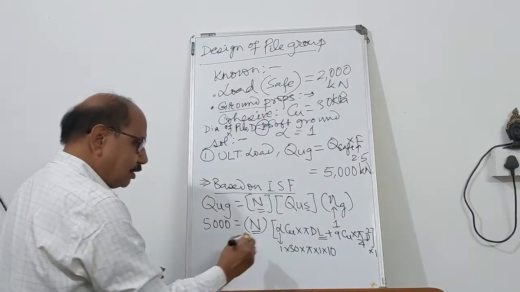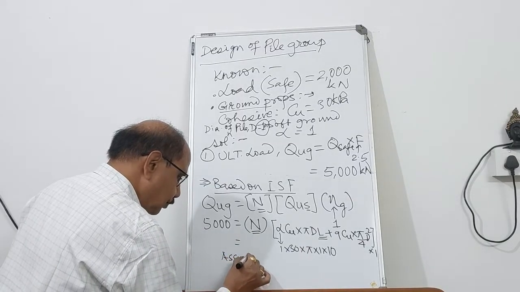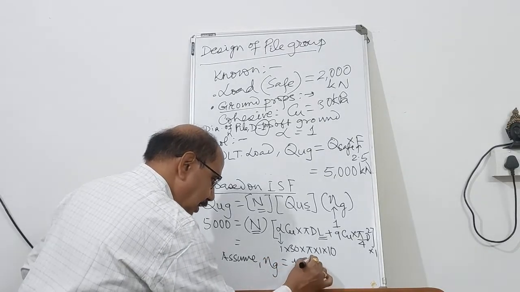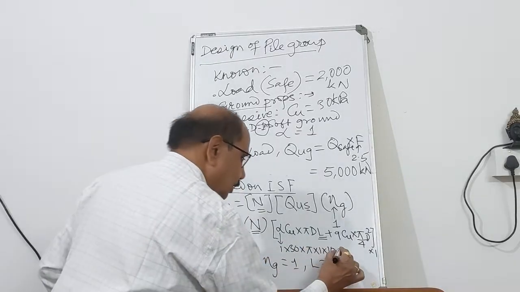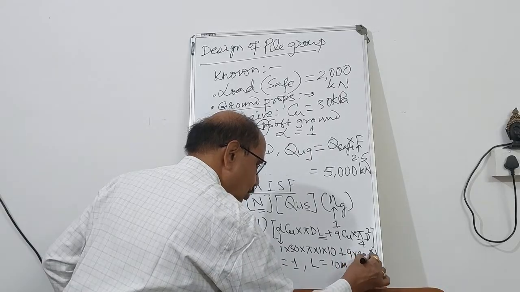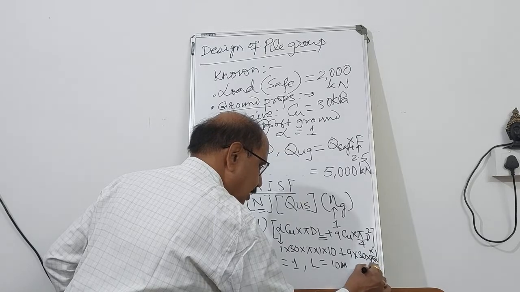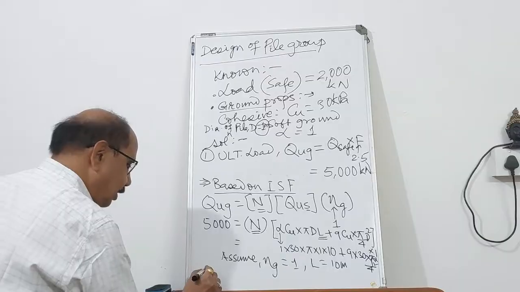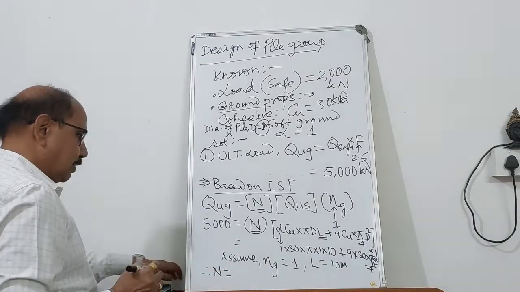So there are two assumptions: initially eta g equal to 1 and length of the pile equal to 10 meter, plus 9 times Cu into pi into ds square divided by 4. Therefore, you can calculate the number of piles required.